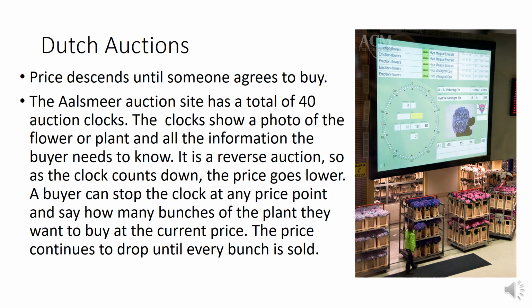This is one of the biggest marketplaces in the world. And the way it works is you've got a bunch of clocks. The clocks show what type of flowers, how long their stems are, what color they're in, how many plants are in a bundle, all the salient details that a flower merchant would want to know.